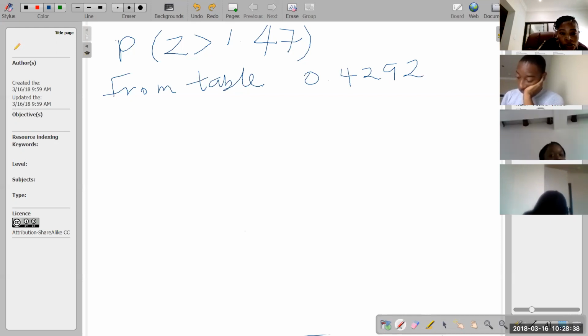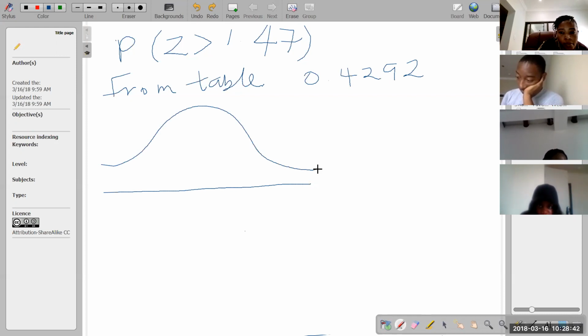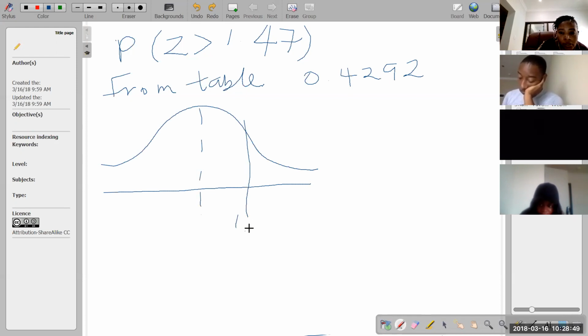So let's try and draw our graph. This is the middle, and this is probably 1.47. We're looking at the probability that it's greater than 1.47, so this is the shaded area we're looking at.